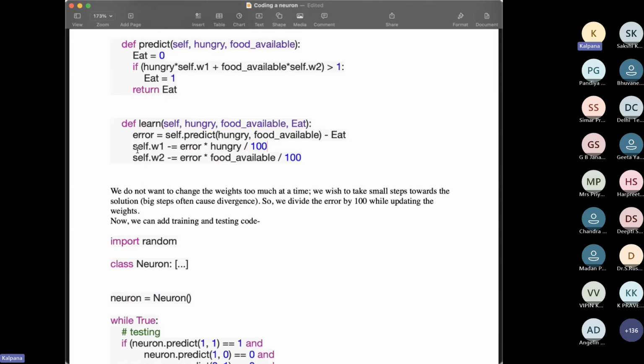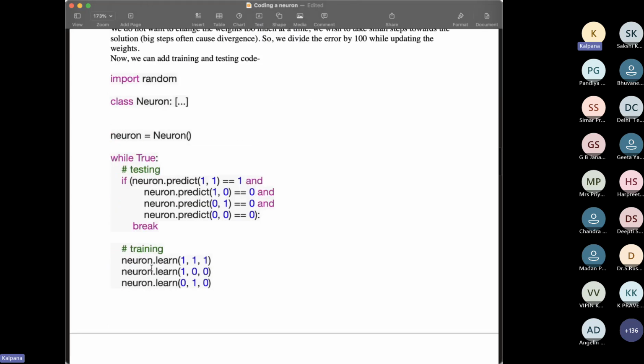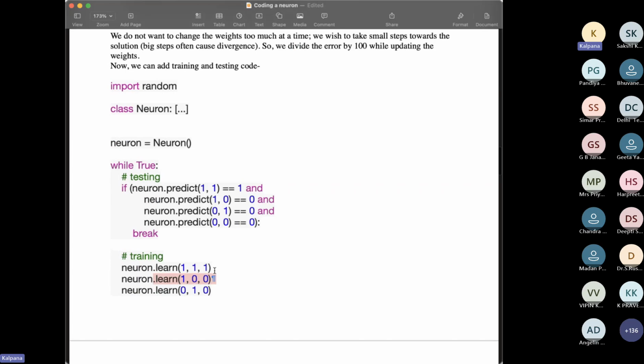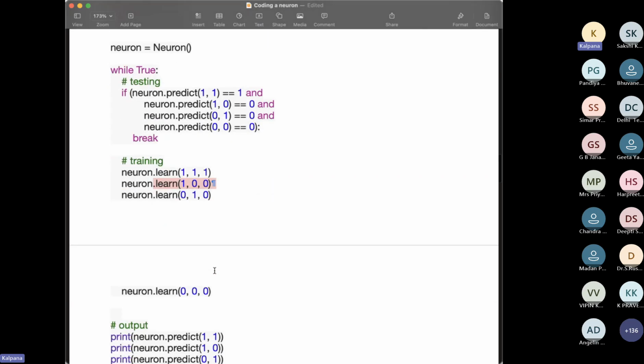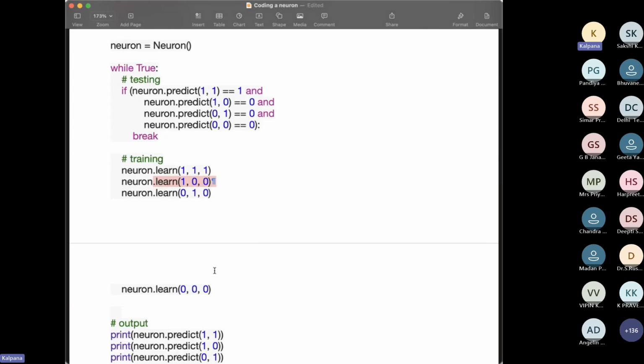If there is no error, then obviously there will be no change in the weight. Then it will take the next input 1, 0, 0. It will again figure out the error and so on. Is it clear? So this training will continue while it is true.